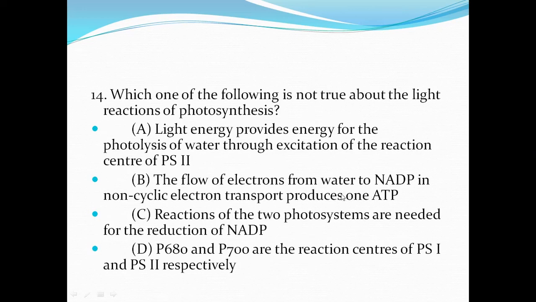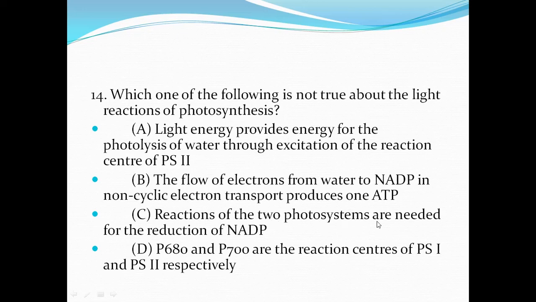The flow of electrons from water to NADP in non-cyclic electron transport chain produces 1 ATP, because the electrons from water flow through photosystem 2 in non-cyclic electron transport chain, and it produces 1 ATP. Now they asked NADP, because NADP is also part of non-cyclic electron transport chain. So 1 ATP. So this statement is correct.